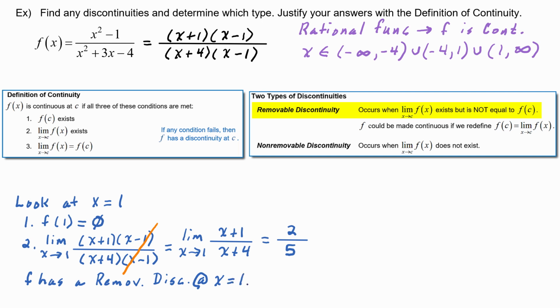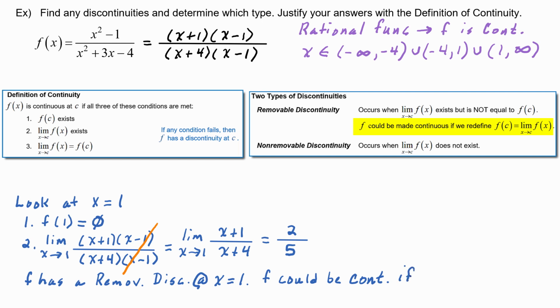And anytime you have a removable discontinuity, you have to write that sentence where we redefine the function. So we say f could be continuous if f of 1 was redefined so that it equaled the limit value, which of course is 2/5.